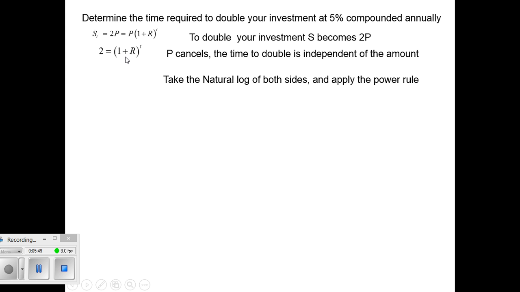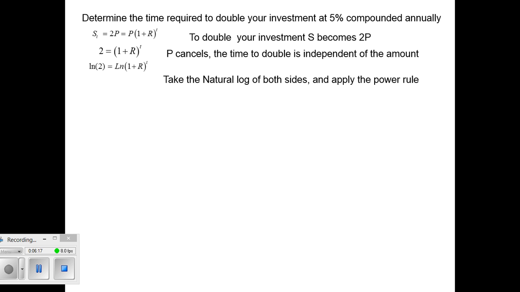Now what we're trying to do is solve for T. We assume we have some kind of fixed R. We're going to work on it generally for now as R, and we want to solve for T. Well, T is the unknown, which is an exponent. Usually what we've found up to this point is that solving equations of that variety requires us to take the log, and we're just going to take the natural log of both sides.